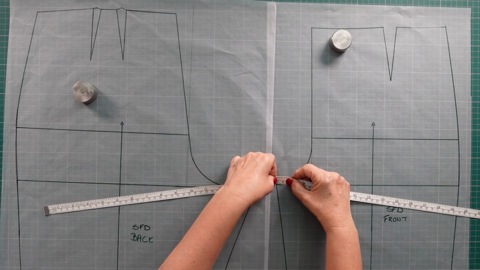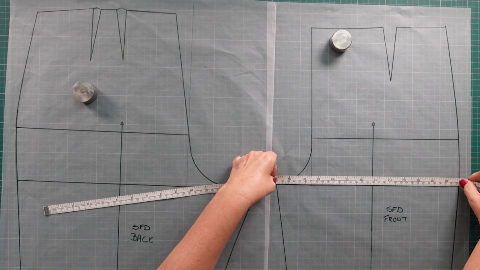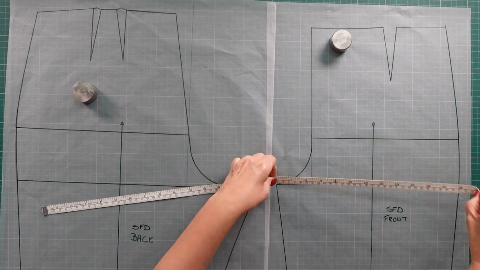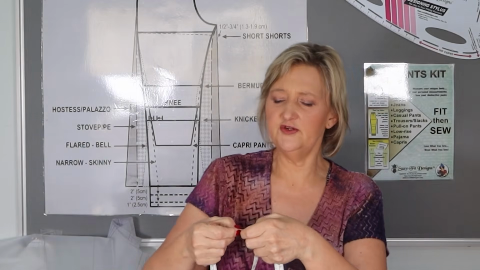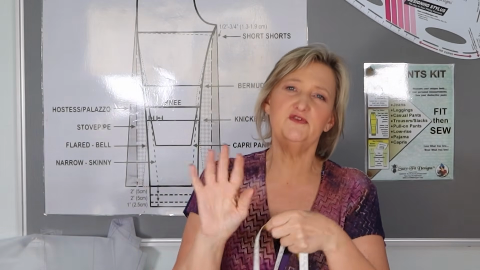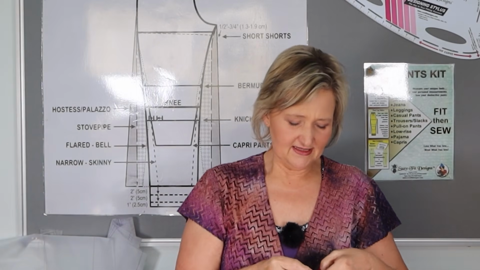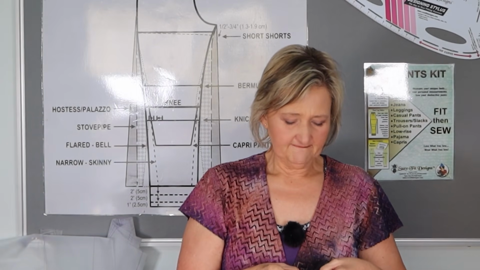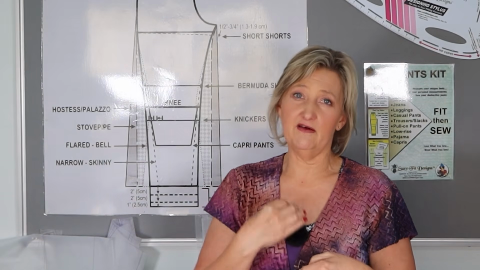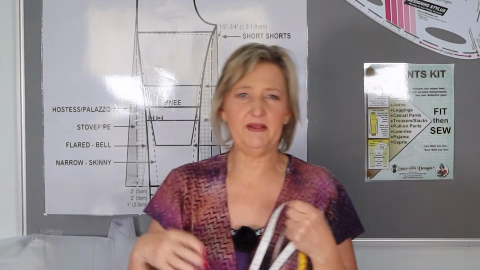I'm picking it up from there and measuring to that side seam. So if I'm going to round it off just for doing the calculations on camera, it's 74 centimeters, and that is about 29 1/8 of an inch that I'm working with now for my pattern that I have in front of me.